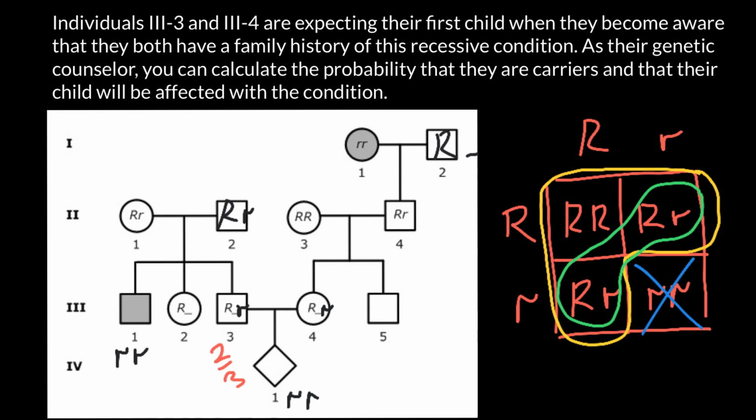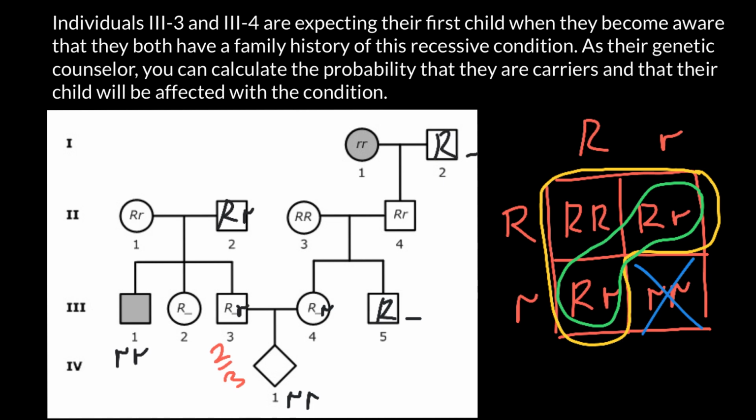So we put just capital R and a blank space for his genotype. And as for the female here and this male, we're actually not interested in this male. We can put capital R and a blank space.